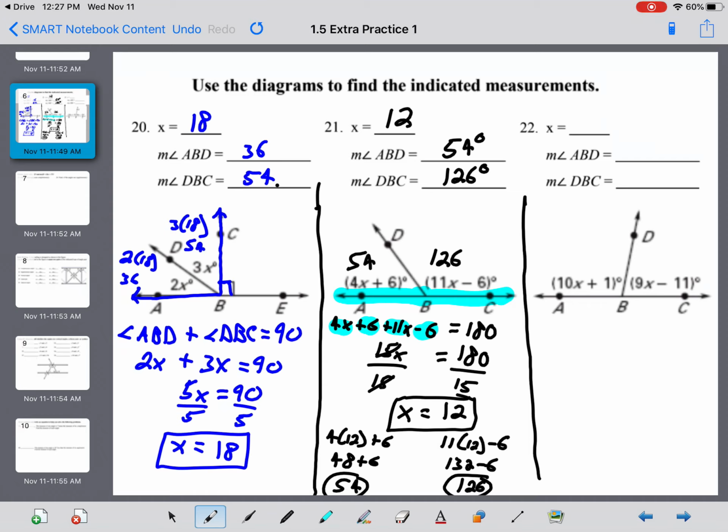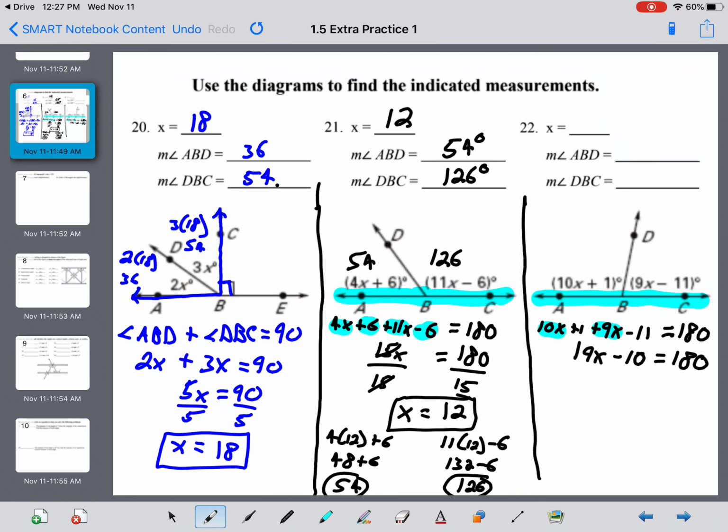Okay. Number 22, same scenario. These two angles generate a straight line, which means they equal 180 degrees. So we have 10x plus 1 plus 9x minus 11. 10x plus 9x makes 19x. 1 minus 11 makes negative 10, which equals 180.